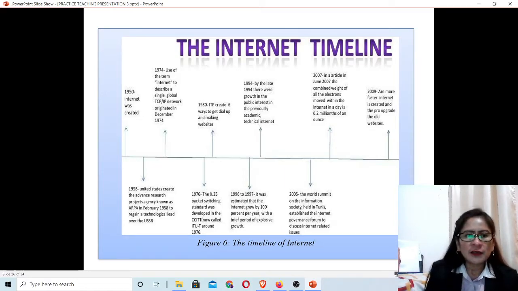In 1974, the use of the term Internet to describe a single global TCP/IP network originated in December 1974.